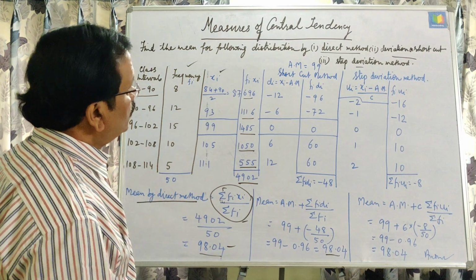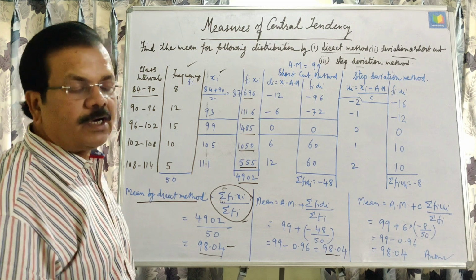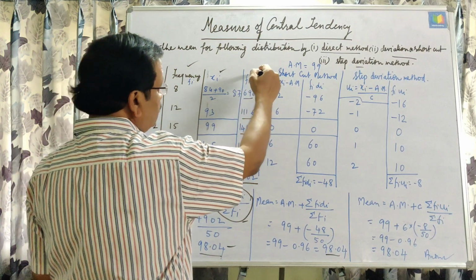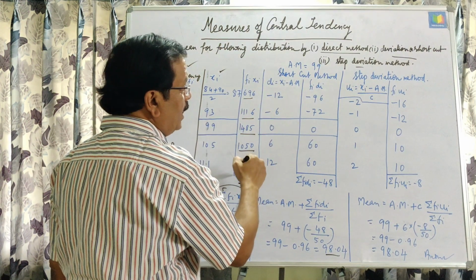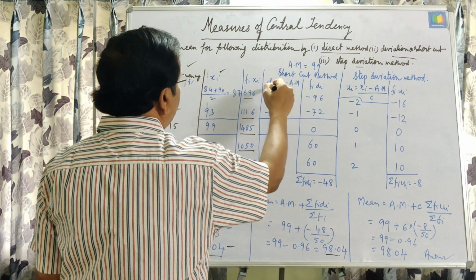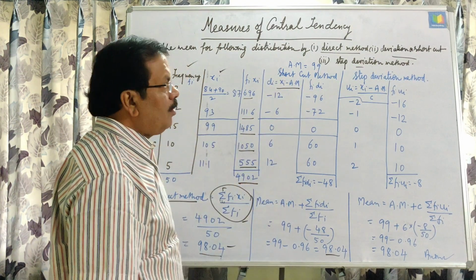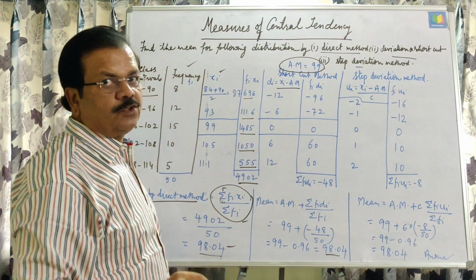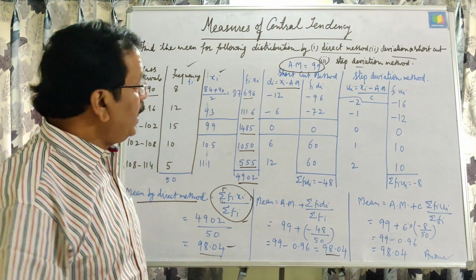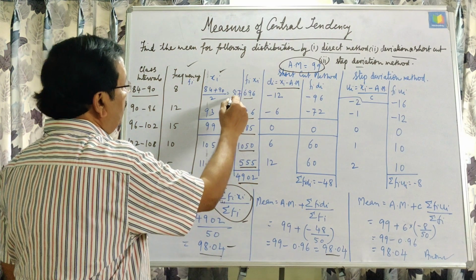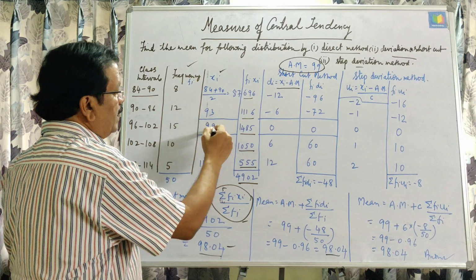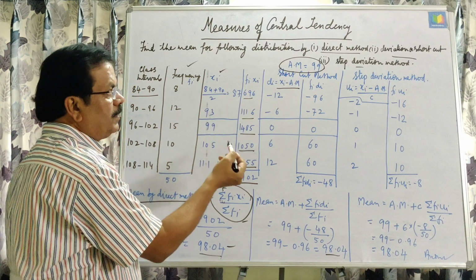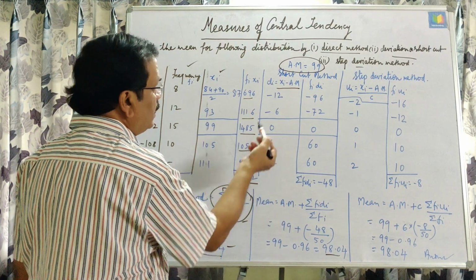And if in your question it is mentioned to find the mean using the shortcut method or deviation method, then this column is not required. For that you take di, which uses the assumed mean. As far as the assumed mean is concerned, since it is assumed, you are free to assume any of the class marks, 87, 93, 99, as the mean.